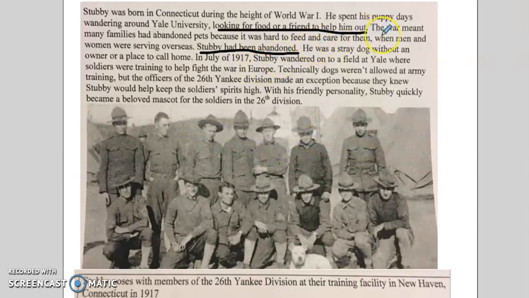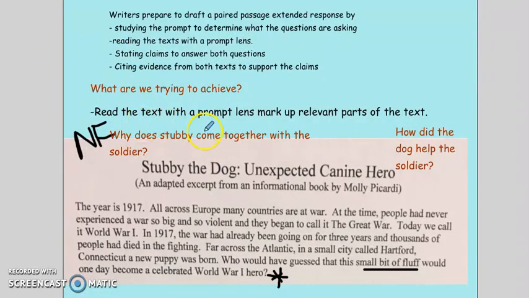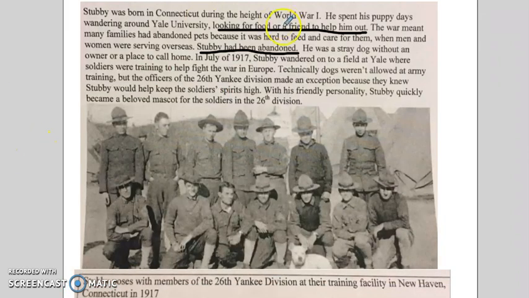Alright, am I finding out now why Stubby comes together with the soldiers? Yep, that part right there, right? It's kind of telling us how the soldier and Stubby came together. So let's underline that. In 1917, Stubby wandered onto a field where soldiers were training to help fight the war in Europe.